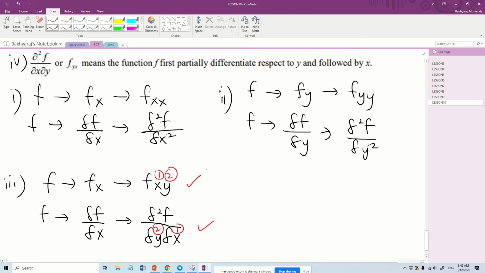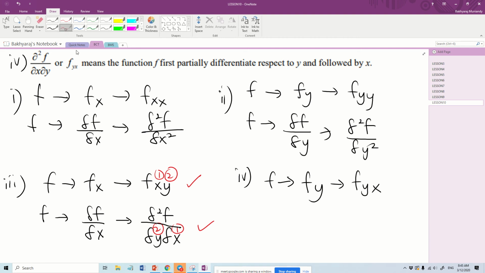Same goes to your number 4. Number 4, same thing, but y first. This is fy. Then you differentiate, the second time you get fyx. Means you do first with respect to y, then the second time you differentiate with respect to x. So this is number 1, this is number 2.